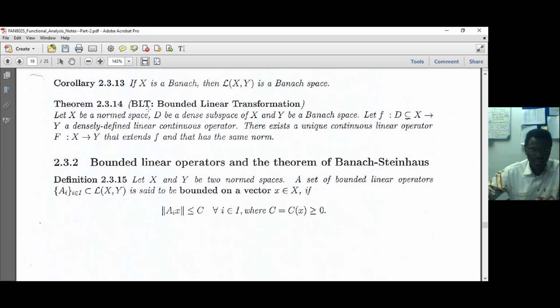Okay, so the next thing here is the bounded linear transformation theorem. We have X, a normed space, and D, a dense subspace of X. Y is a Banach space, and we have F, a function defined on the domain D, which is a strict subset of X, into Y. This F is a densely defined linear operator.